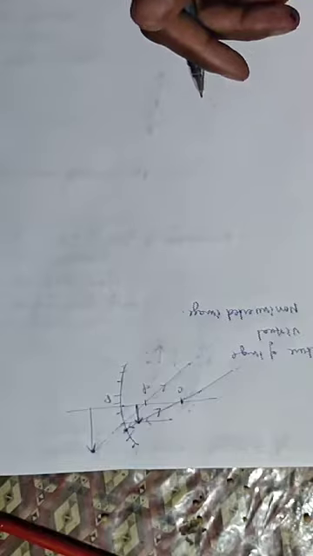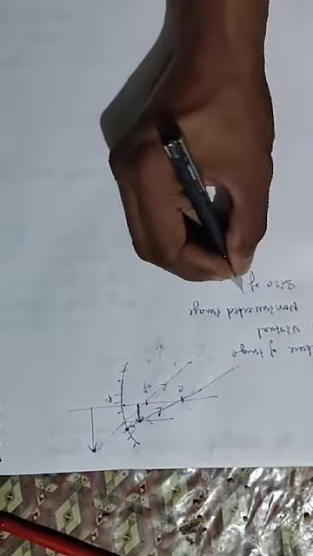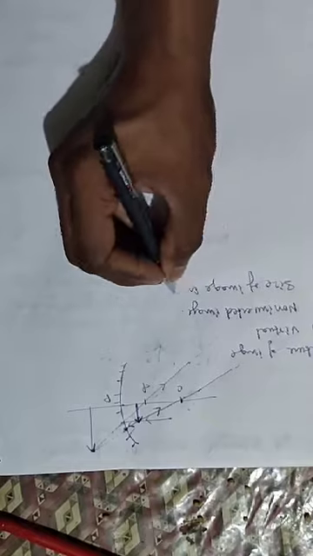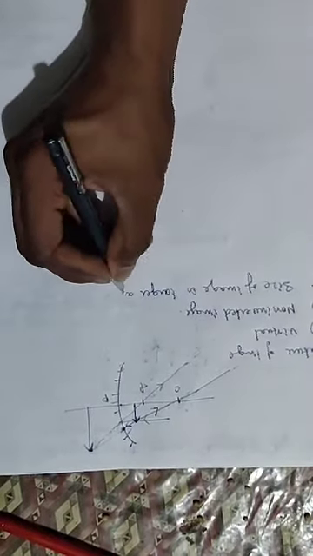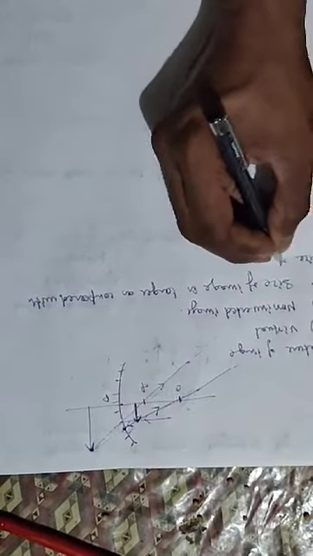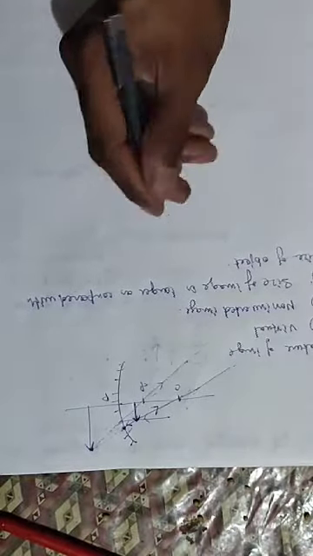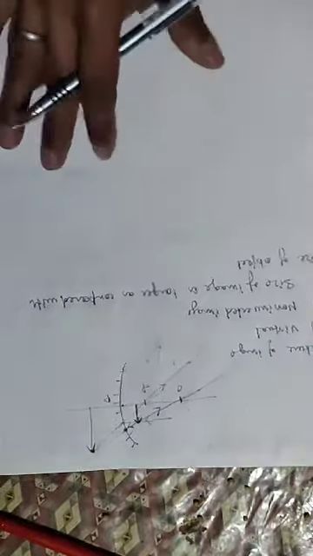Third, from the observation I will be able to say that the size of the image is larger as compared to the size of the object. So these are three cases I have drawn the ray diagram.